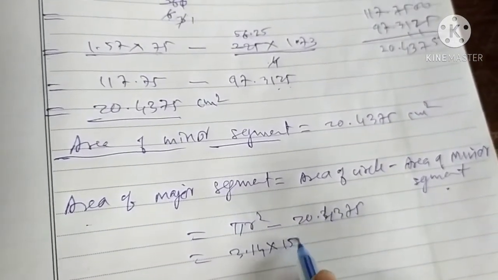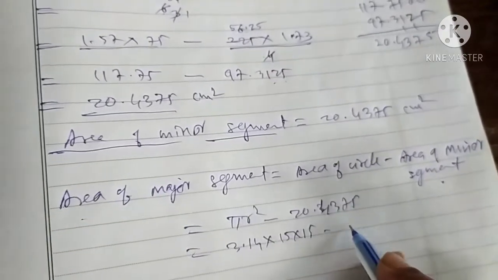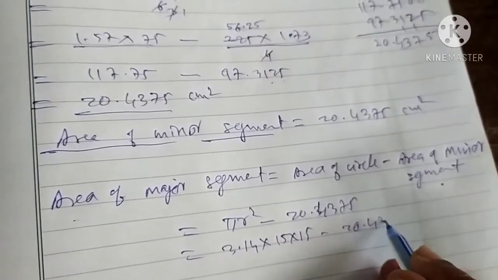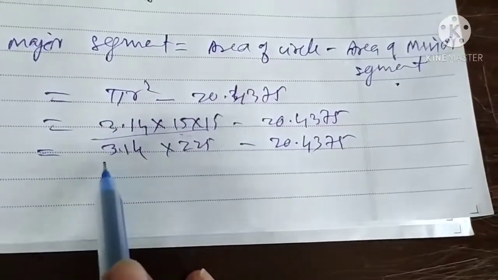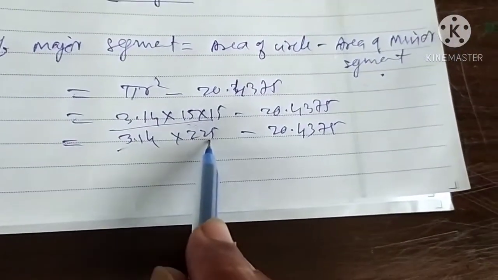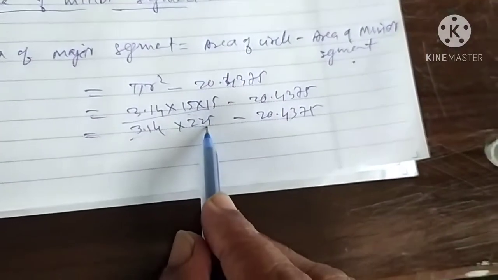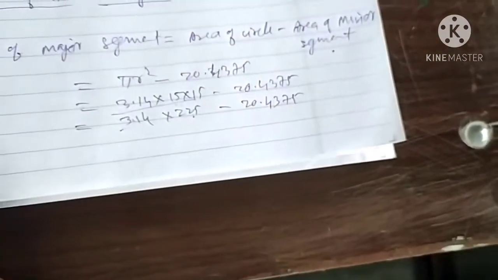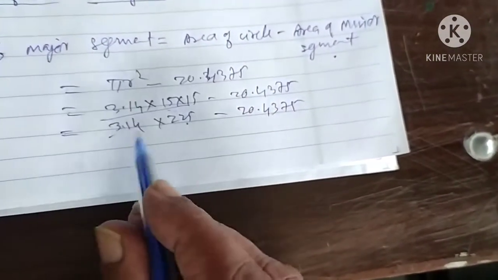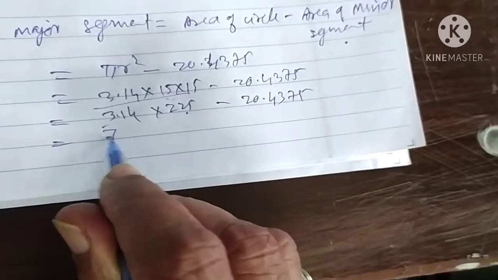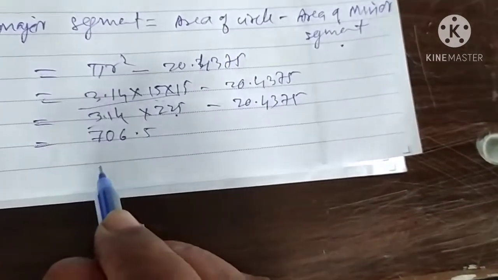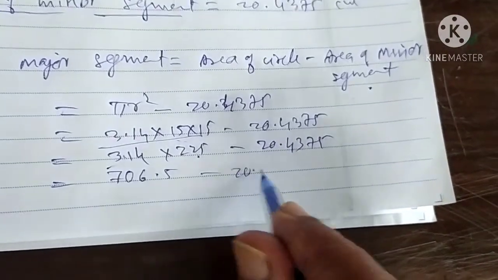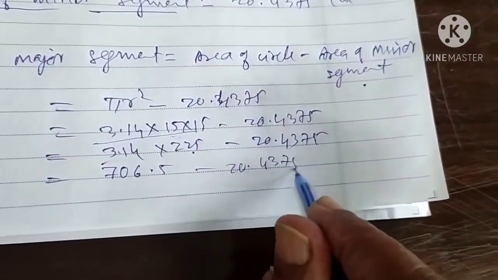Radius 15 minus 20.4375. Again, multiply these properly, students. After multiplication you will get 706.5, minus 20.4375.